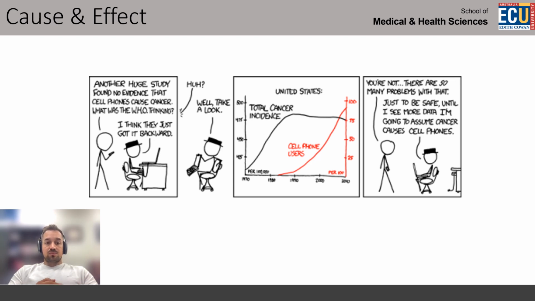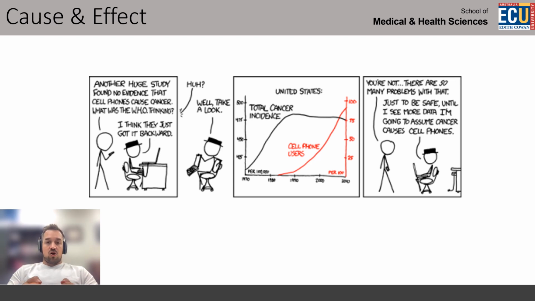To recap, correlation is a statistical measure that indicates the degree to which two variables are related to one another. When two variables are correlated, it means that changing one variable is associated with changes in the other variable, but it does not necessarily mean that one variable causes the other to change.